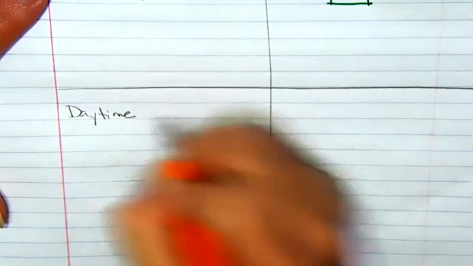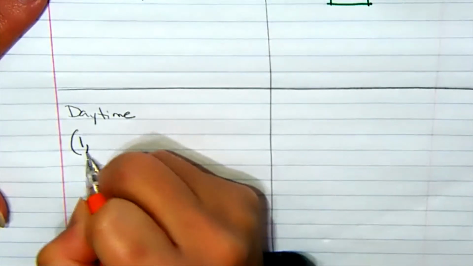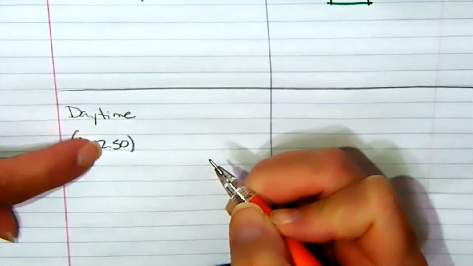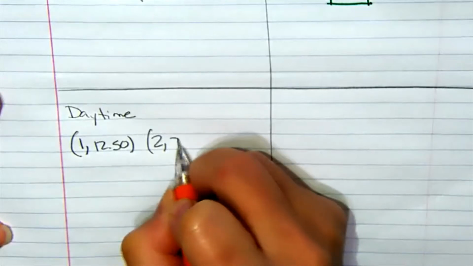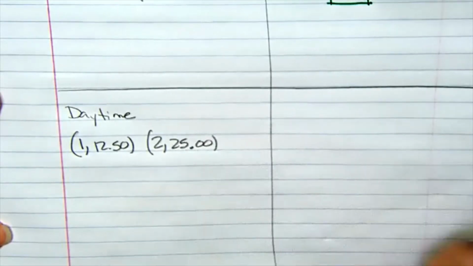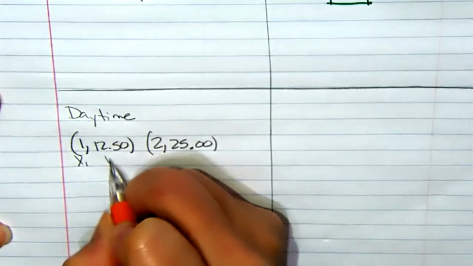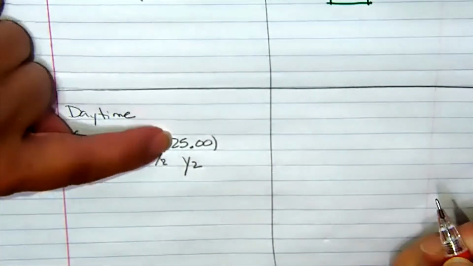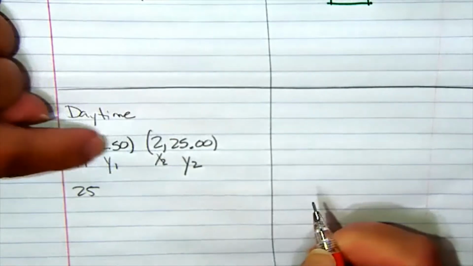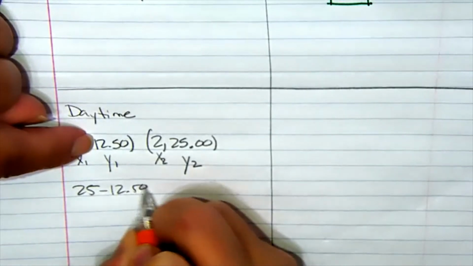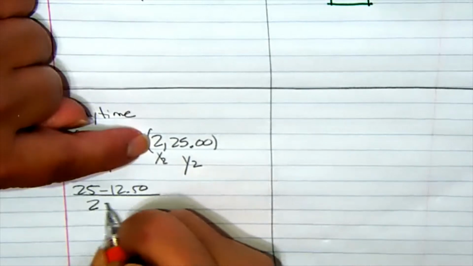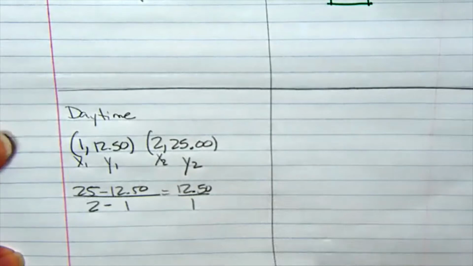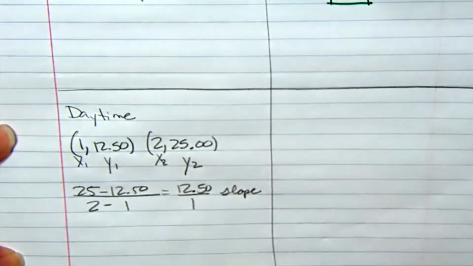So daytime employees, 1 hour, 12.5, 2 hours, $25. x1, y1, x2, y2. So we're going to take 25 minus 12.50 over 2 minus 1. So 12.50 over 1. This is my slope.